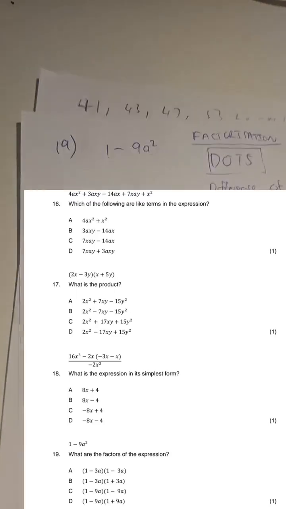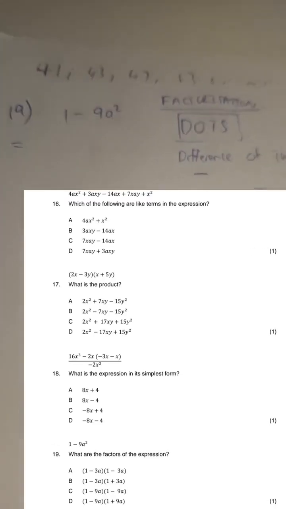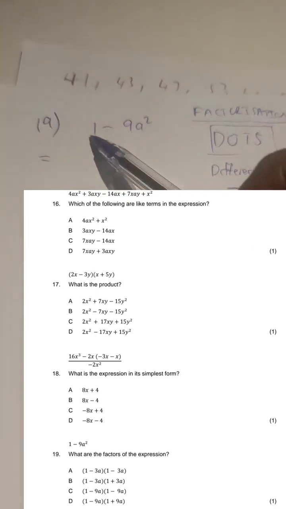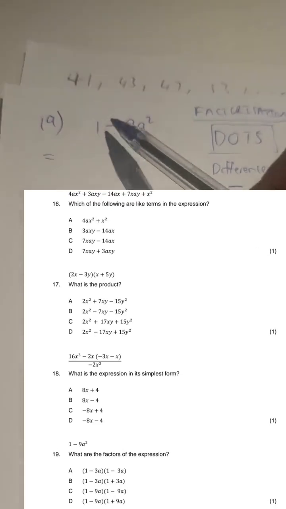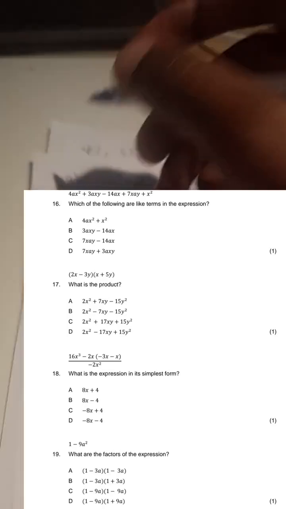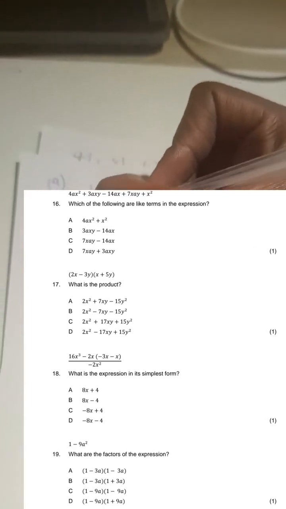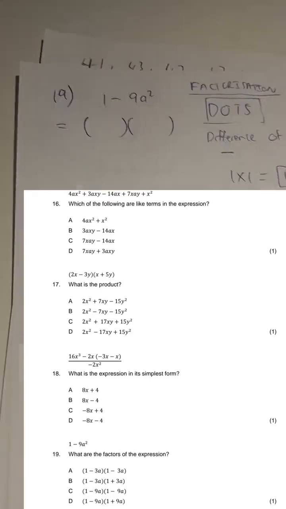So what we do with difference of 2 squares, if we are factorizing it, we open. If there's no highest common factor, because in all questions that are factorizing, we always ask, is there a highest common factor? The highest common factor between 1 and 9a squared is 1, right? So that's always going to be outside. But because of this particular situation we have here, highest common factor is 1.